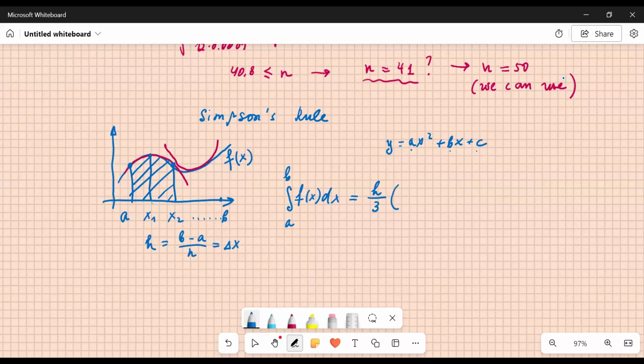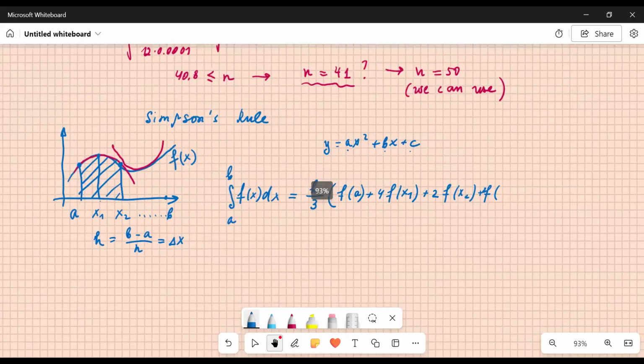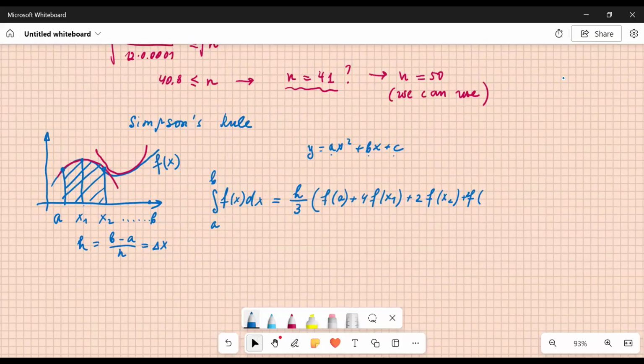And what is going to be in parentheses? f of a, then 4 f of x1 plus 2 f of x2 plus 4 f of x3 and plus, and eventually the last one is going to be f of b.